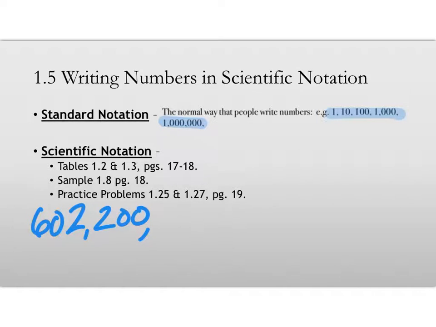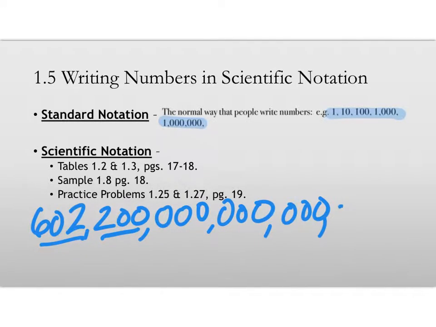And that looks like this in standard notation. 602 hextillion, 200 quintillion, and then the rest are zeros. There's quadrillion, trillion, billion, million, thousands, and then the ones place. There are 3, 6, 9, 12, 15, 18, 20 zeros in that number. That's very tedious to write and seemingly unnecessary.